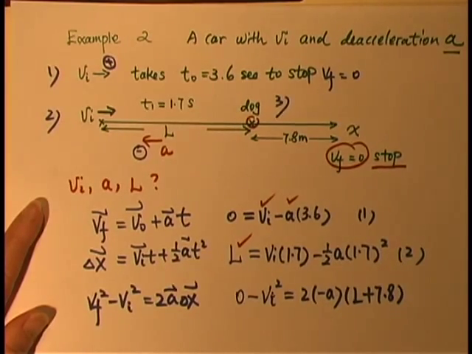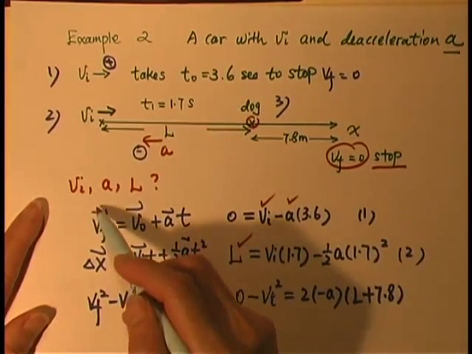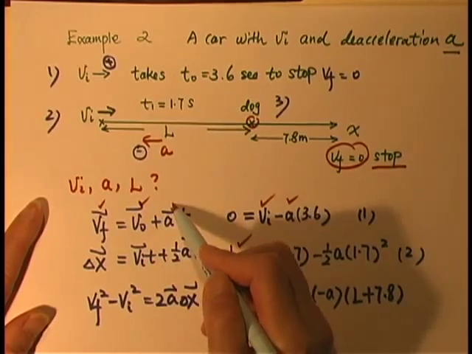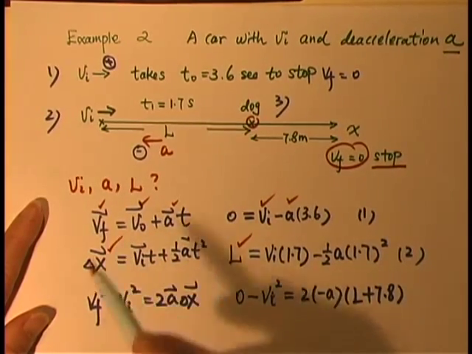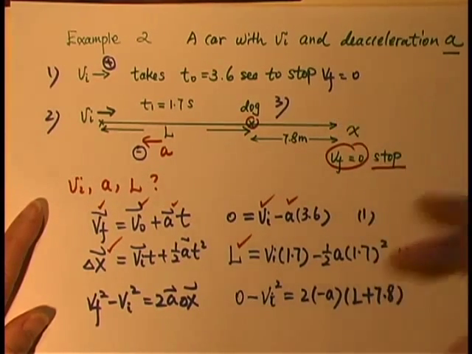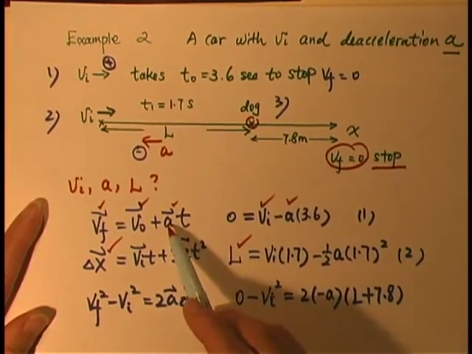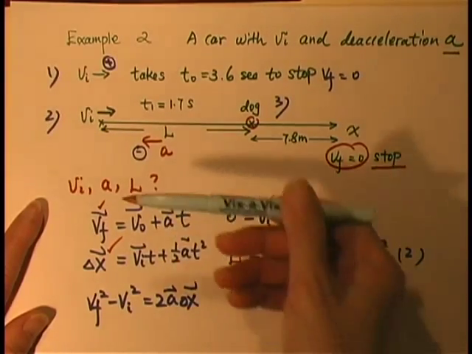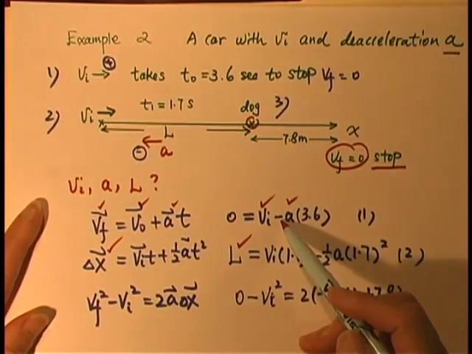Now be very careful, I mentioned before, here final velocity, initial velocity, acceleration, and displacement are all vectors. You really have to choose a direction, say to the right is positive, then the opposite direction will be negative. When you plug in the numbers, you have to make sure that, for example, this A, because it's in that direction, it's negative.